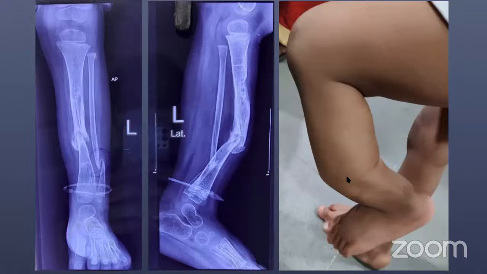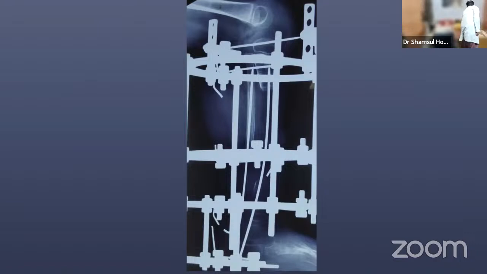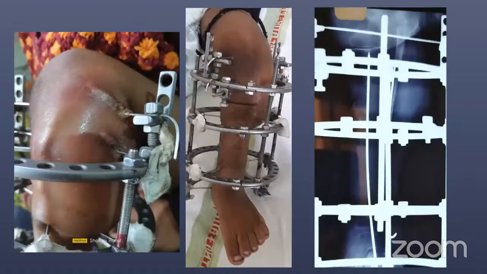Let's start with this example of a 4-year-old girl who presented to us for treatment of congenital pseudoarthrosis of tibia. For her, the pathological tissue was excised and a bone transport was planned through corticotomy in the distal tibia.